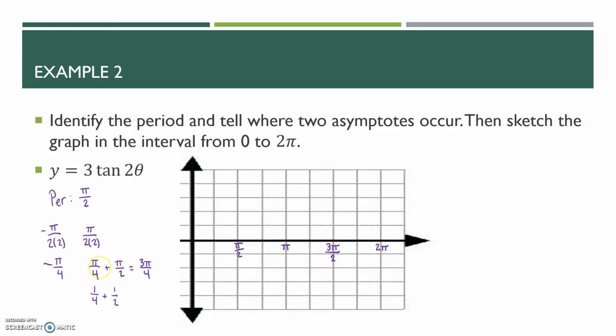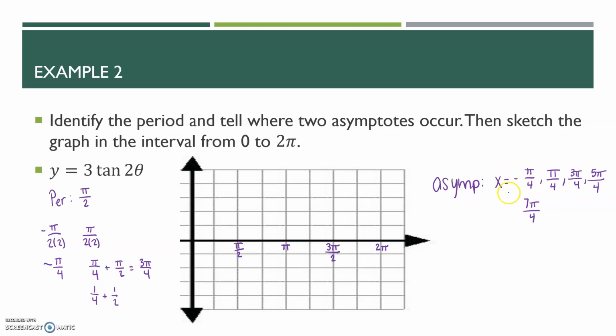But I need my vertical asymptote at pi over 4. So my asymptotes, I need to write this as an equation first of all. They go at x equals, I could say negative pi over 4, I could say pi over 4, and just keep adding pi over 2 each time. So 3 pi over 4, 5 pi over 4, could continue to 7 pi over 4. It says a minimum of 2 asymptotes.